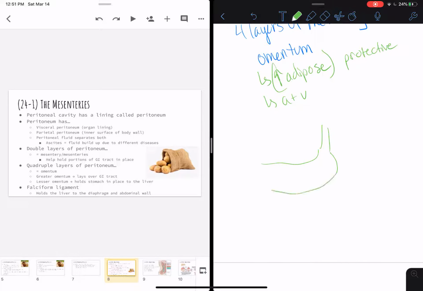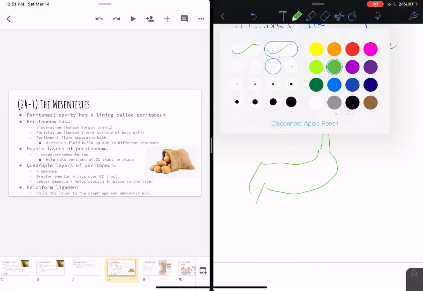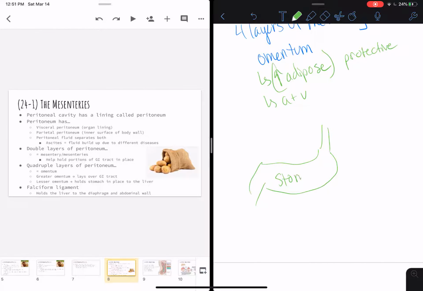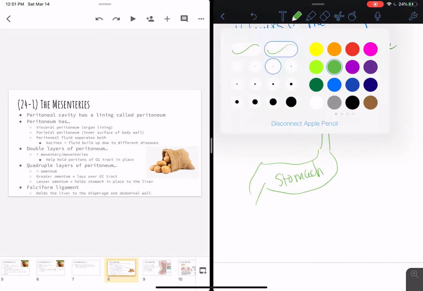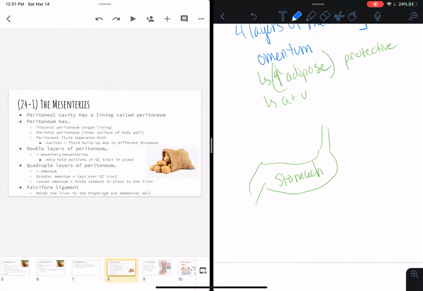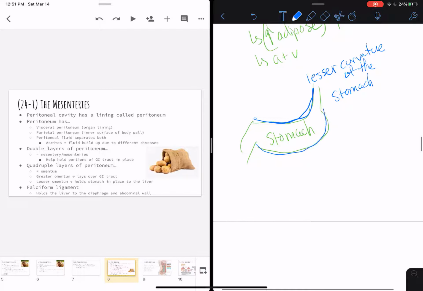And the stomach is J-shaped, as we'll talk more about. So that's a terrible picture of a stomach. Let me write stomach. And the stomach has 2 curves to it. One is called the lesser curvature of the stomach, and the other one is called the greater curvature of the stomach.